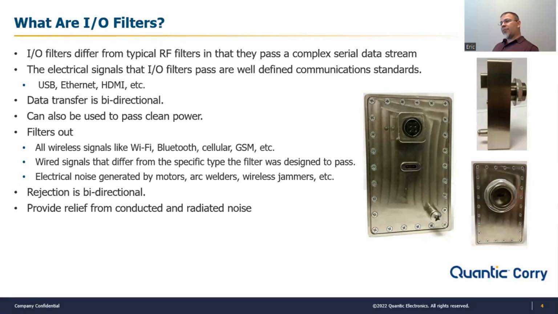So you don't have to worry about anything external affecting the protected device connected to your filter, and also you don't have to worry about the end device corrupting anything on the outside of your filter, which can be very beneficial if you don't want to have your lab or some other region corrupted by lots of electrically generated noise.